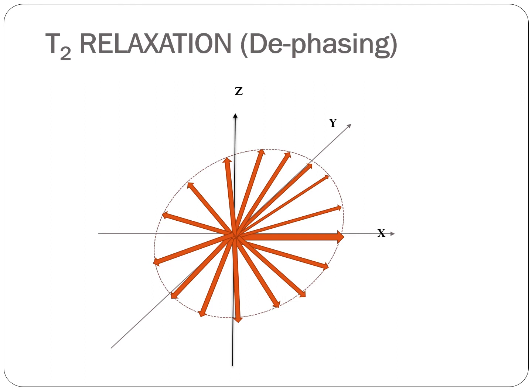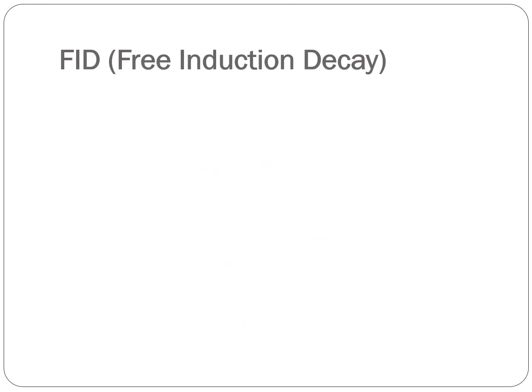Now, after attaining the relaxation process, what happens? Finally, the bulk magnetization will reach the z direction. So we get a signal. What is the signal called as? FID, that is free induction decay. So you can see that one.